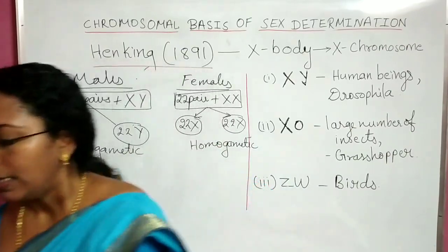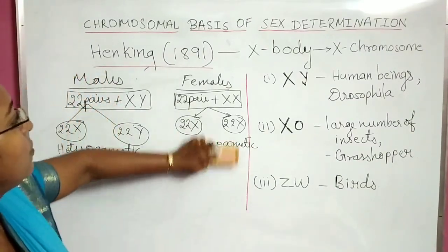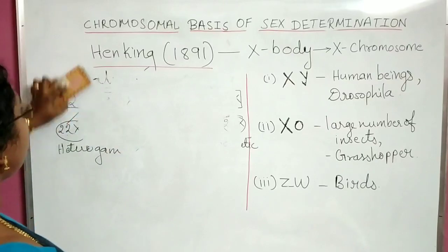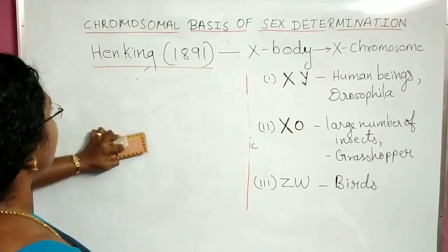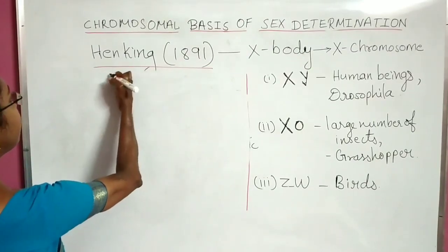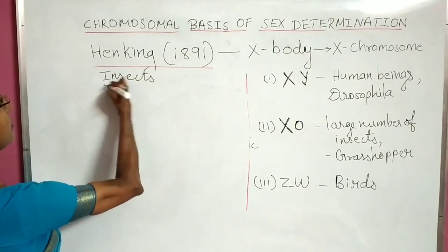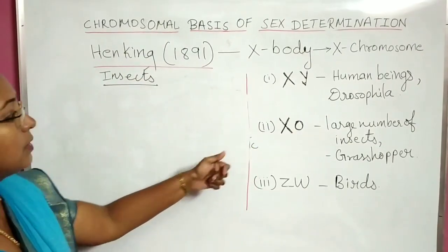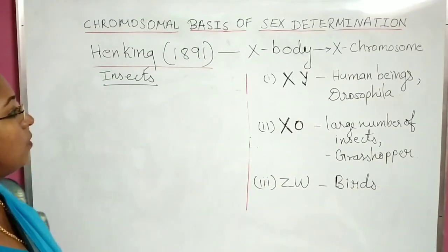Okay. So I hope this part is clear in the case of human beings. Let us move on to the case of insects. In majority of insects and also in grasshoppers, XO type of sex determination is observed. What is that?